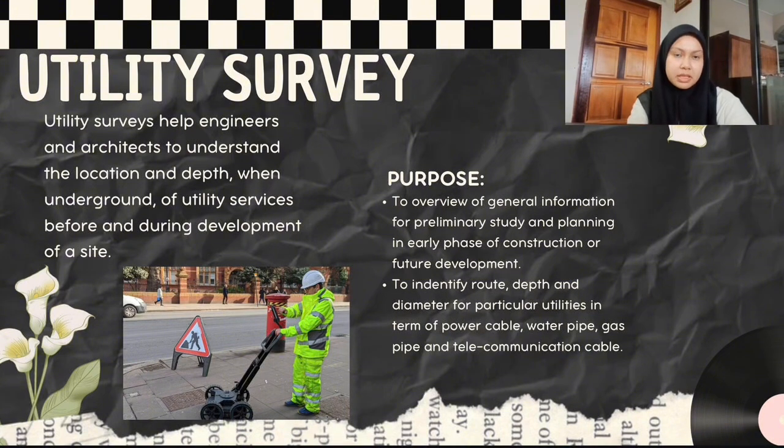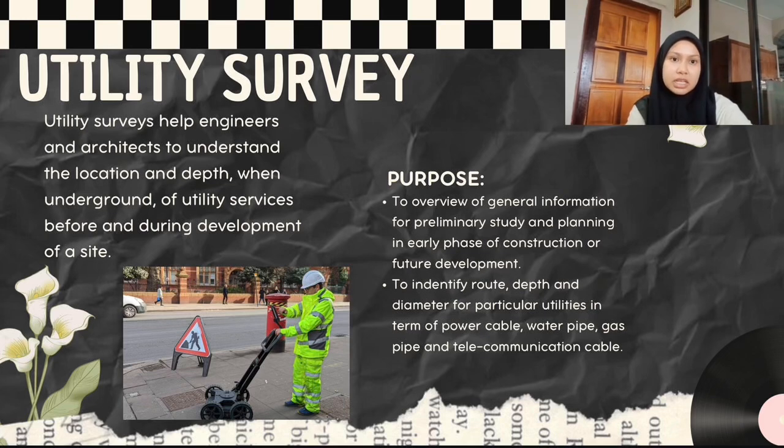For example, in a new office building project, a utility survey can identify the location of existing water pipes and electrical cable, allowing engineers to plan foundation without damaging existing utilities.